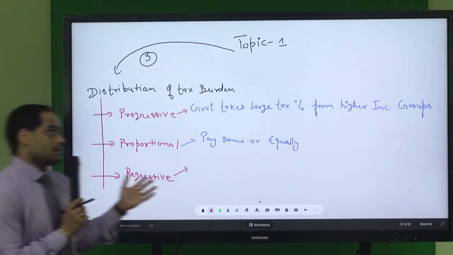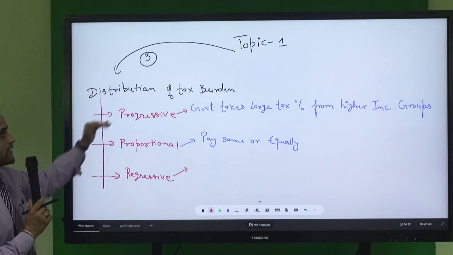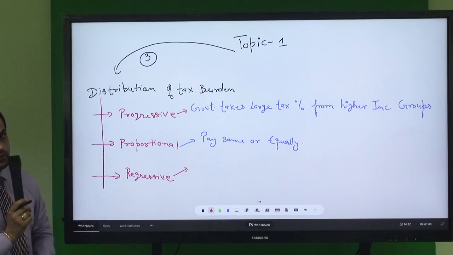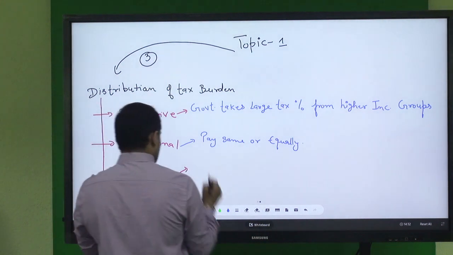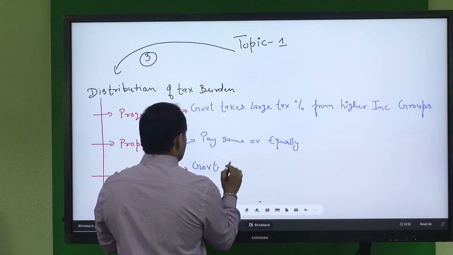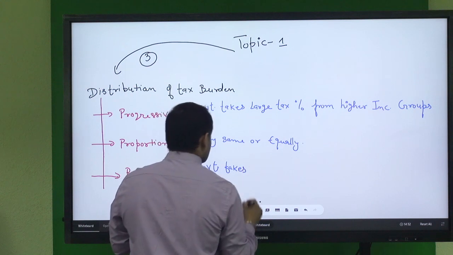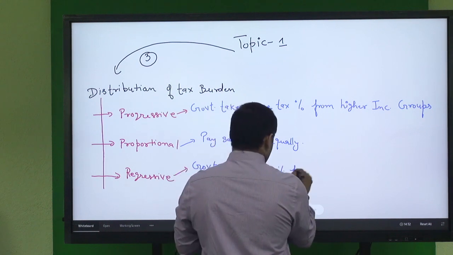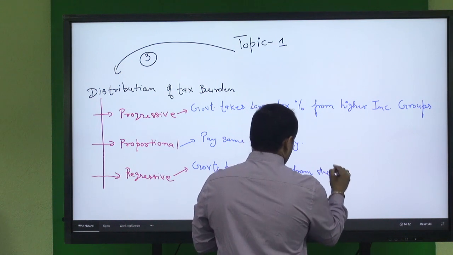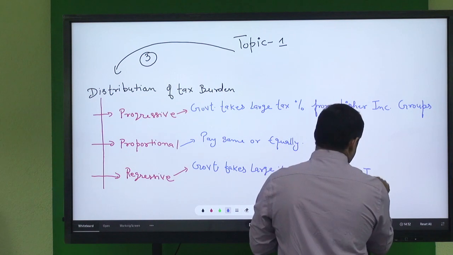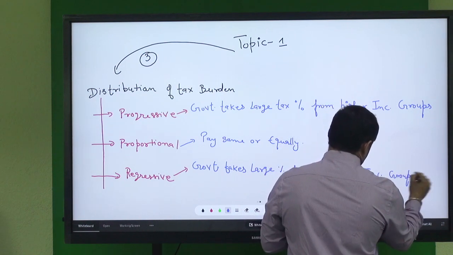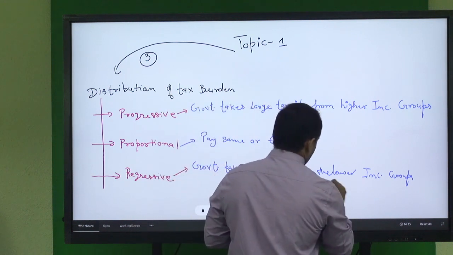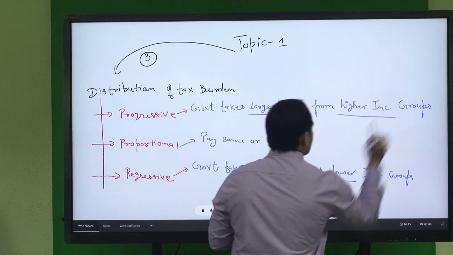But of course, the countries mostly adopt the progressive system. The government takes a large tax proportion from the lower income group people, and large from the higher.